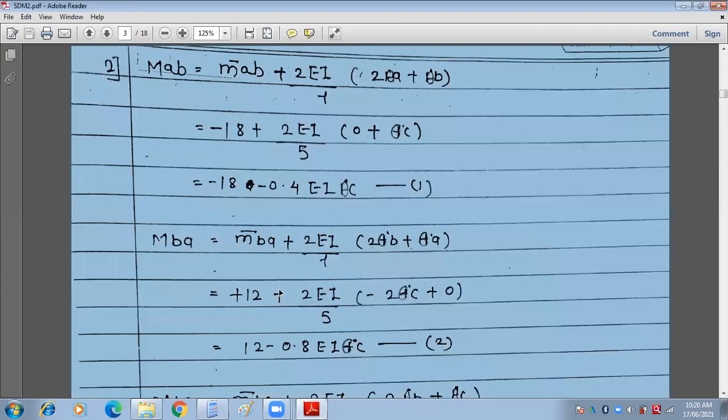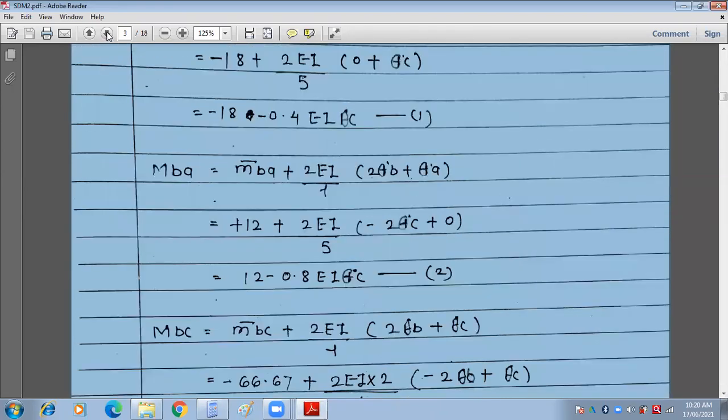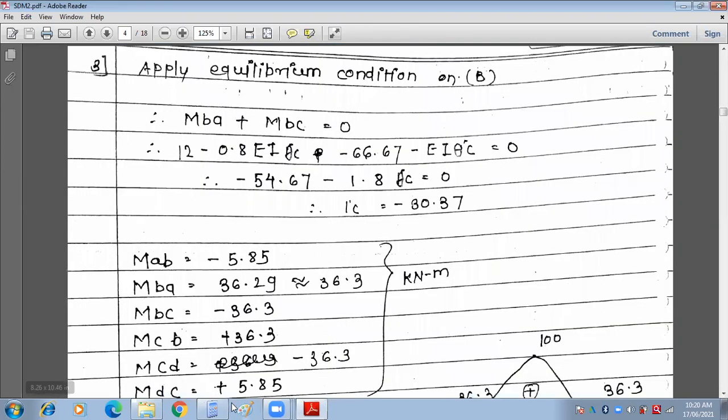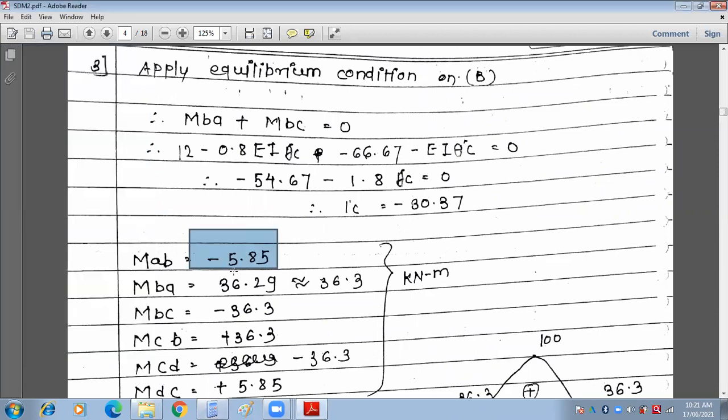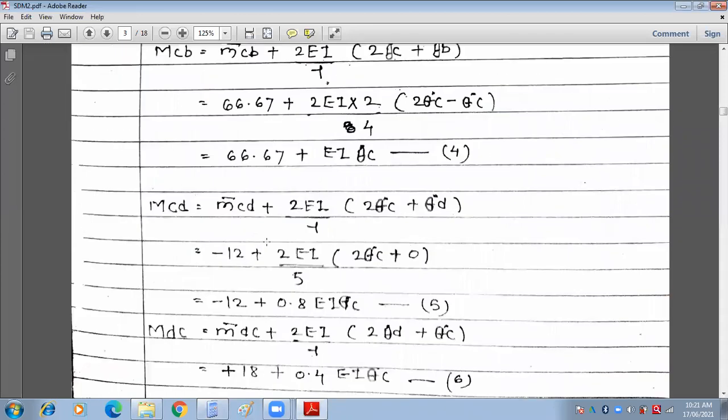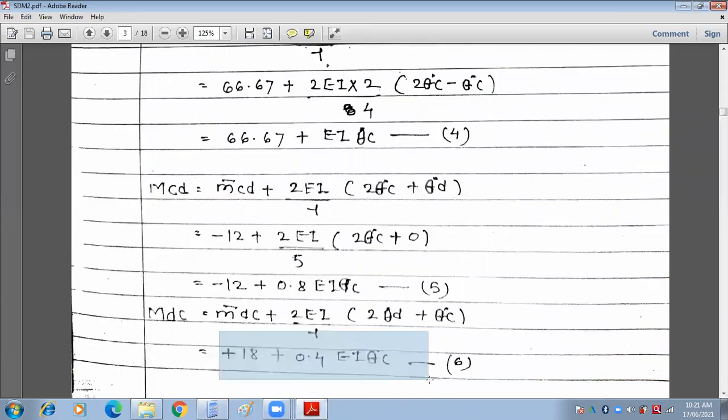How much will this value be? 13.37. But this term is also minus, therefore minus 30.37. Now if you solve this, how much is the answer? Minus 5.85.